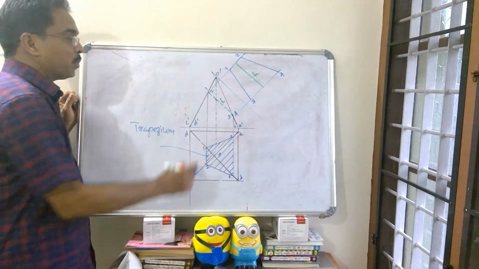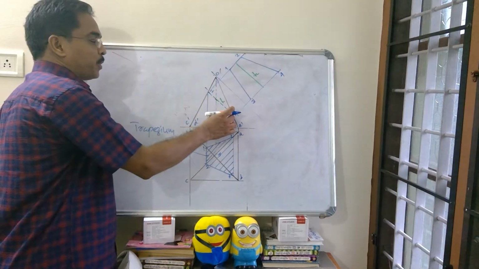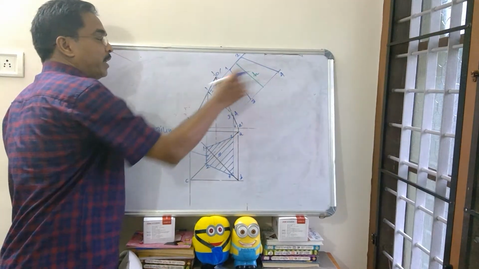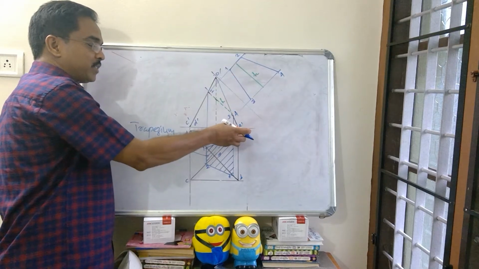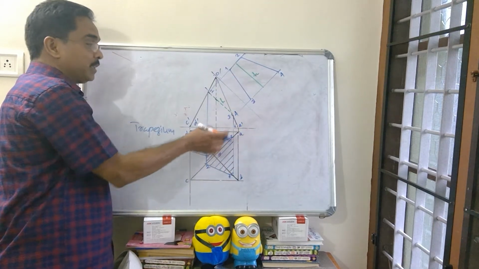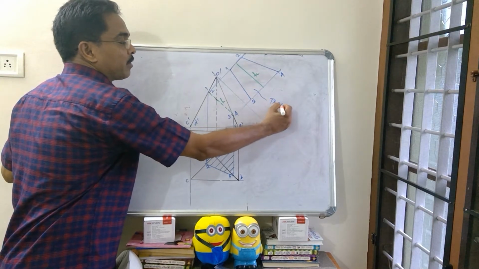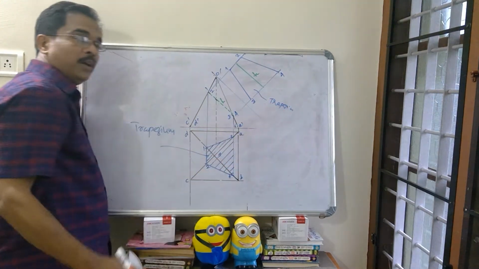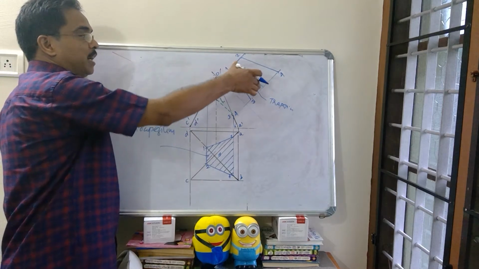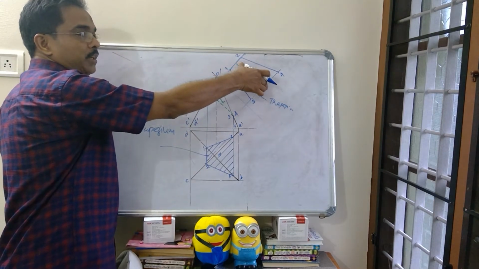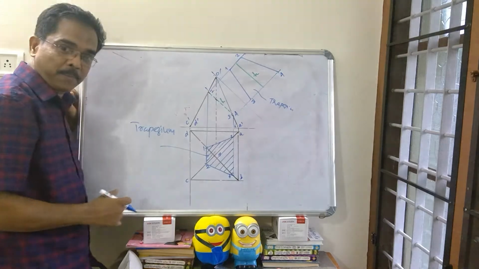In order to get the true shape, project 3 and 4, 1 and 2, take the distance of 3 and 4 from the XY line, and you can see that the true shape is a trapezium. Now, I need the height of the trapezium as say 40 millimeter or 50 millimeter.